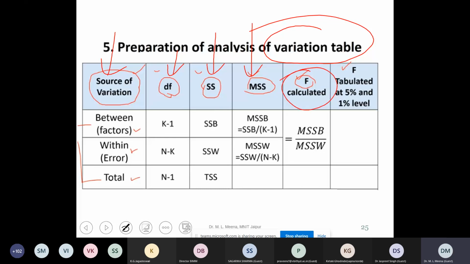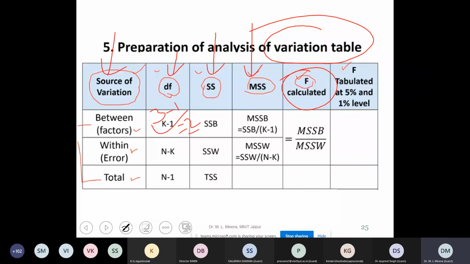We know that k is the number of groups. In our problem, the number of groups is 3: lecture, question answer, and library. So 3 minus 1 is 2. The degree of freedom between groups is 2.